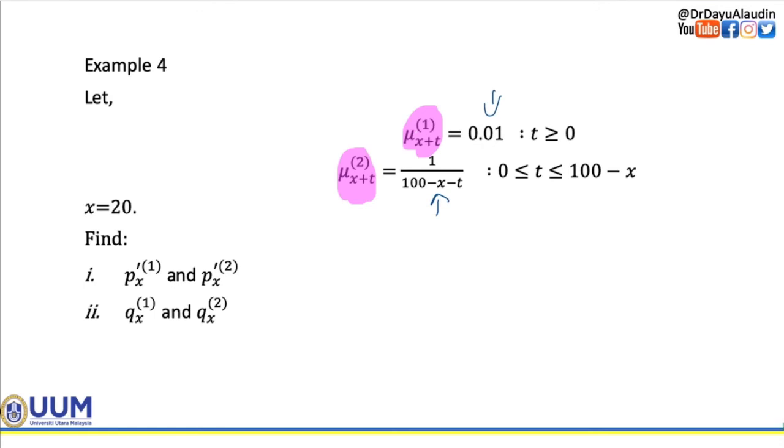So this is the omega 100 minus x. So omega minus t is the denominator. So x is equal to 20. So we have to find px prime 1 and px prime 2, and we have to find qx1 and qx2. So prime is for the single, and without the prime is for the multiple.